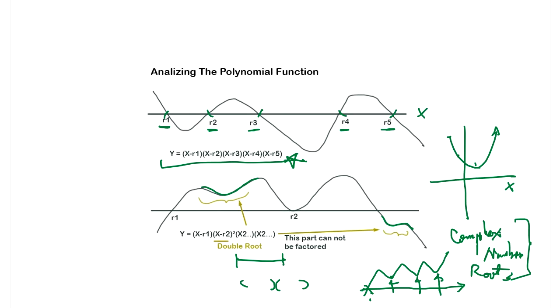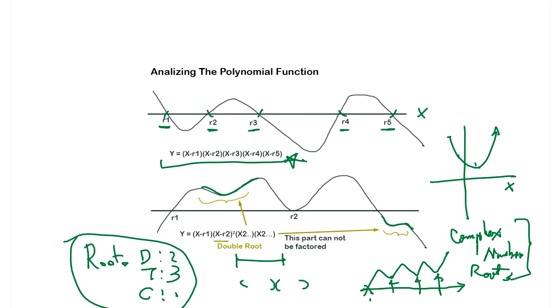So as long as we count roots, double is 2, triple is 3, complex number is also a root, then the number of roots always exceeds min and max. You get it? So that's another point we have to note.